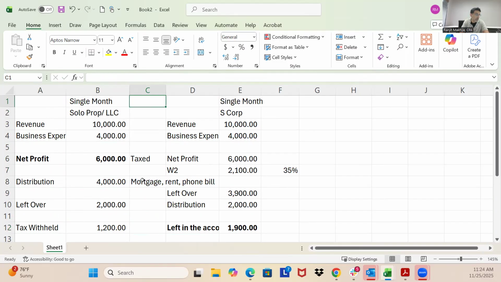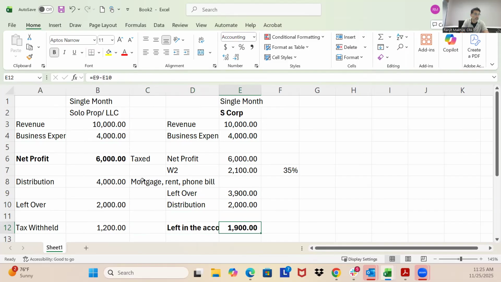Here, under an S corp, same revenue, same expenses, same net profit. But under an S corp, you're going to have a W-2 salary. This is called reasonable compensation. This is very normal. If you don't, you can get a big penalty from the IRS. Then you have a leftover of $3,900 after your W-2. So now you need to take another $2,000 for distribution.